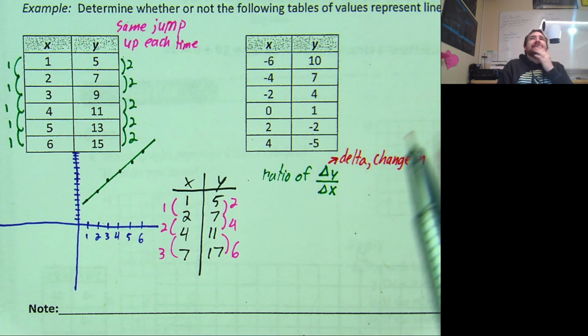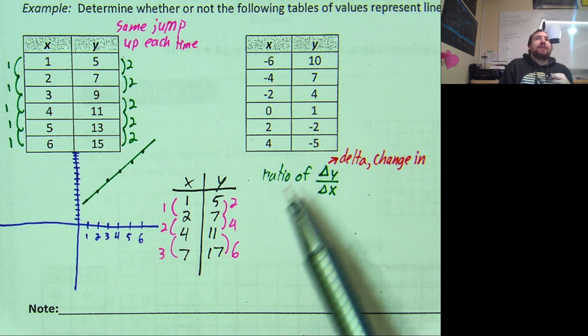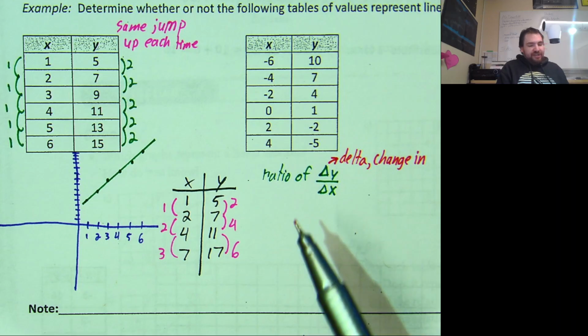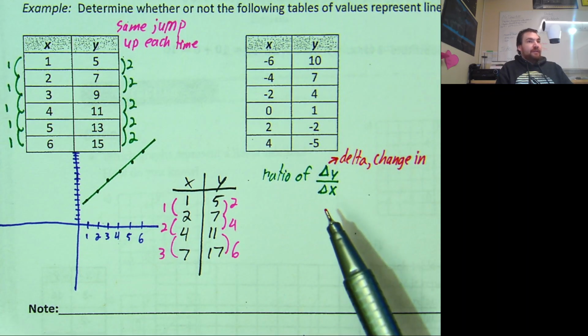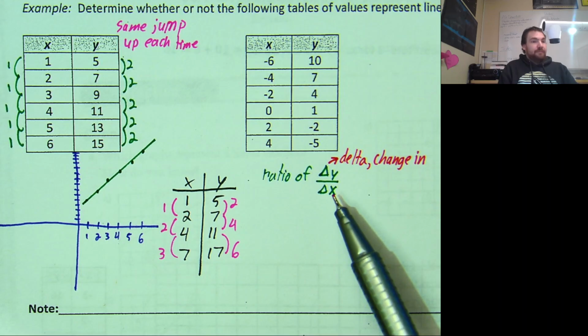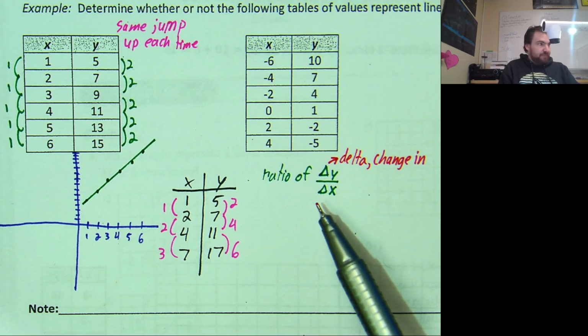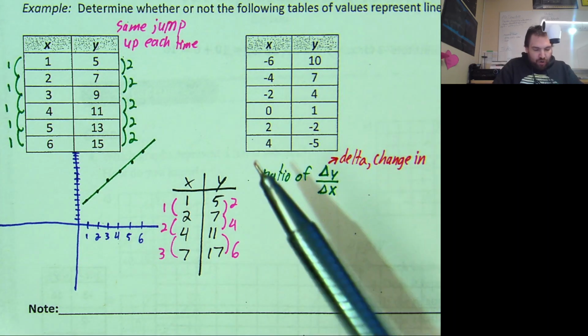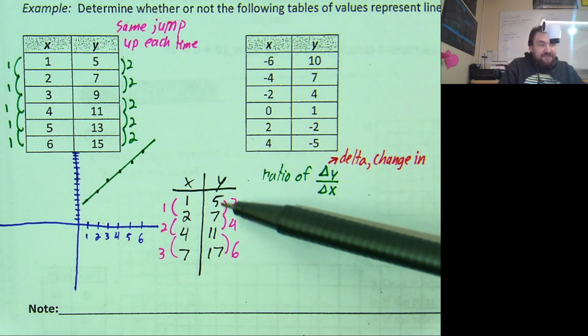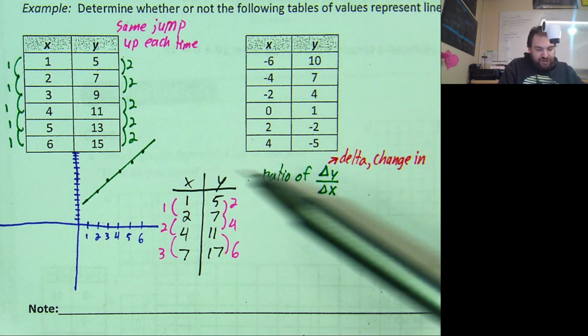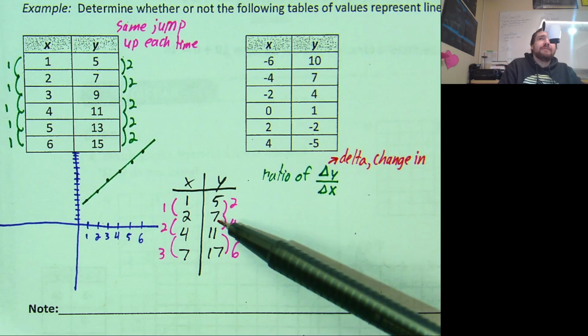So by writing it like this, what I'm looking at is the ratio of my changes in the y over my changes in the x. Okay? So, jumping from 1 to 2 and from 5 to 7, what's my change in y here?